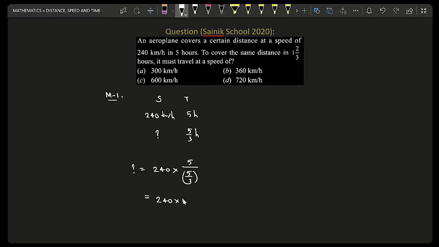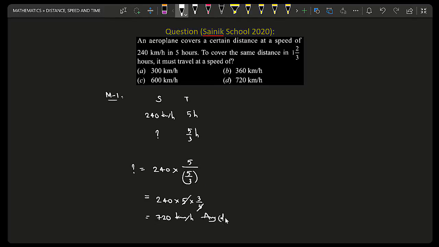Actually, if there is a fraction in the denominator, it becomes reciprocal. So the answer is 720, and the units are kilometers per hour. This is option D.